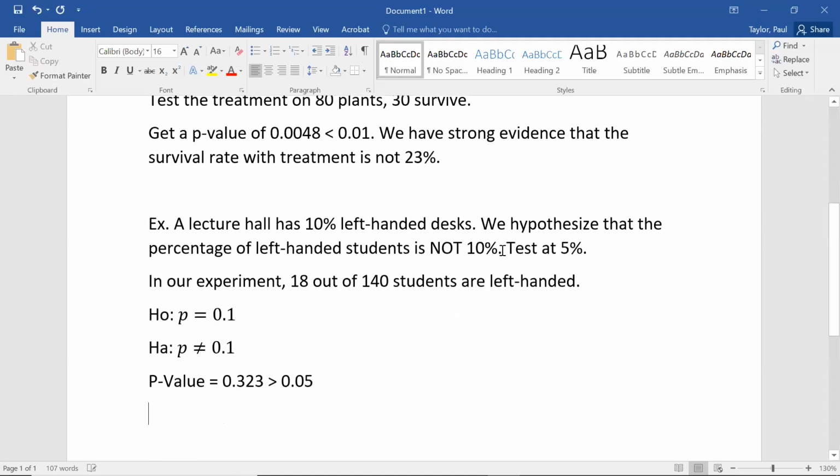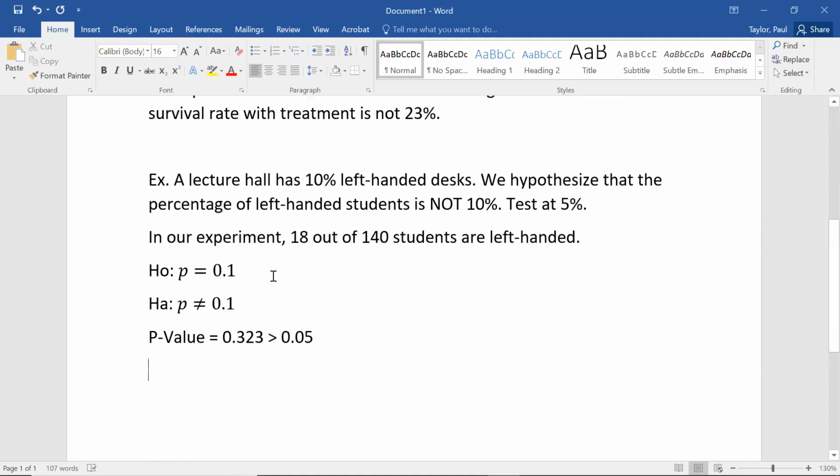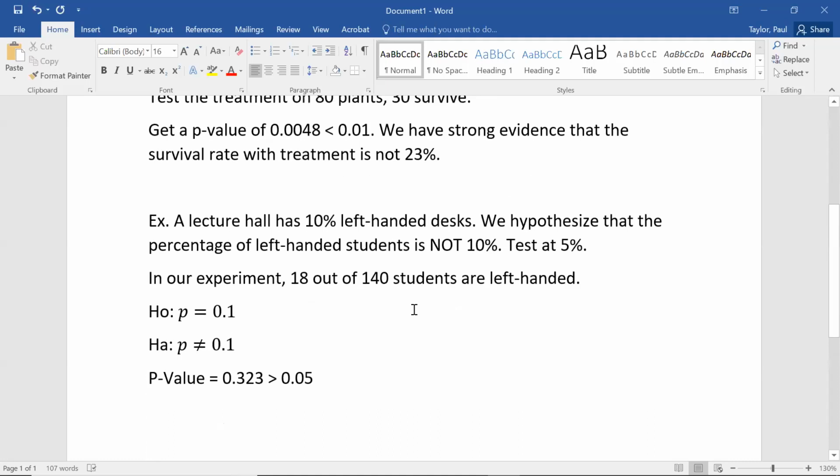We do not have evidence that the null hypothesis is wrong. So we do not have strong evidence that H0 is false. Okay, so does that mean that we've proved that 10% is the right number?